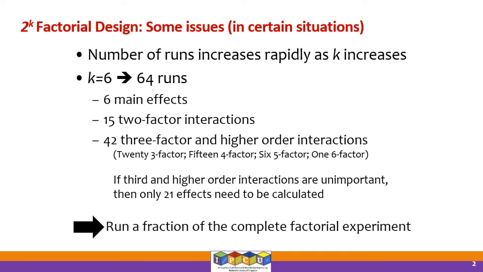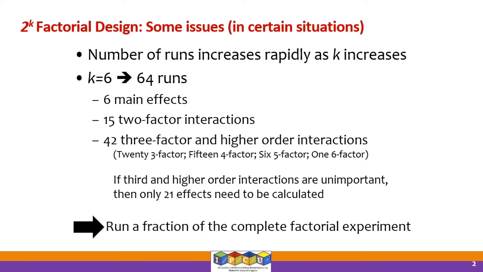So for example, if you have k is equal to 6, if you have 6 factors, then the 2 to the power of k design will require 2 to the power of 6, which is equal to 64 runs. So we can estimate the 6 main effects: the effect of x1, x2, x3, x4, x5, x6. We can find out the effects of the various two-factor interactions.